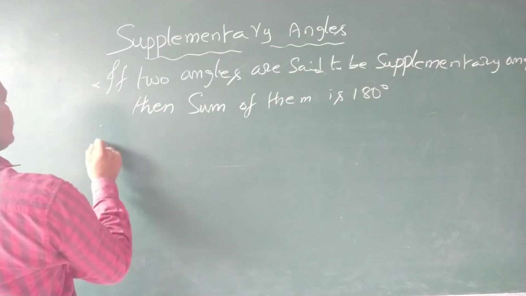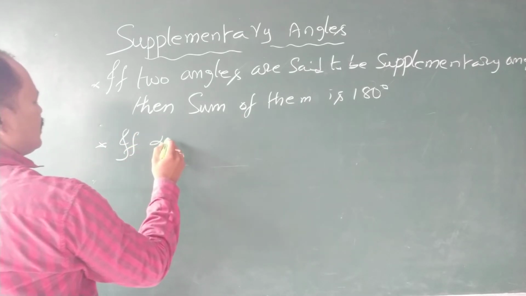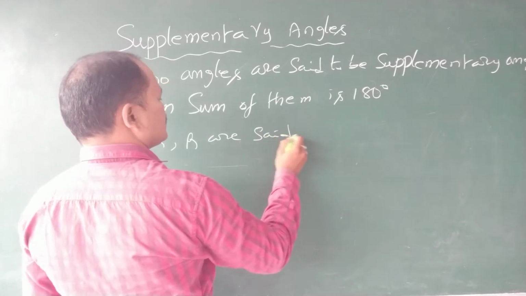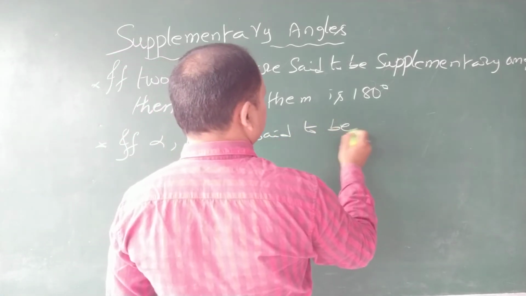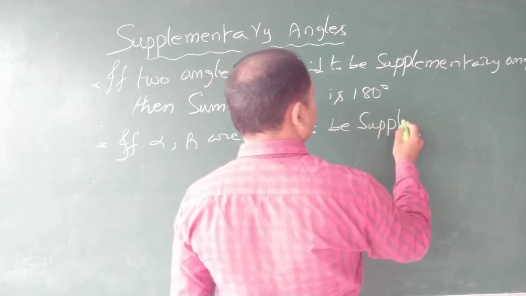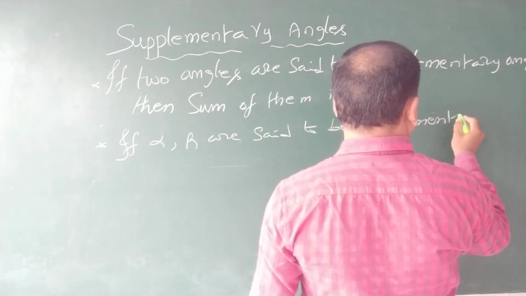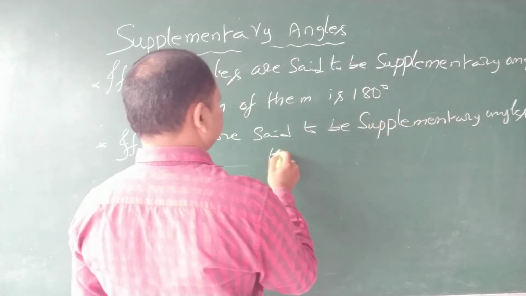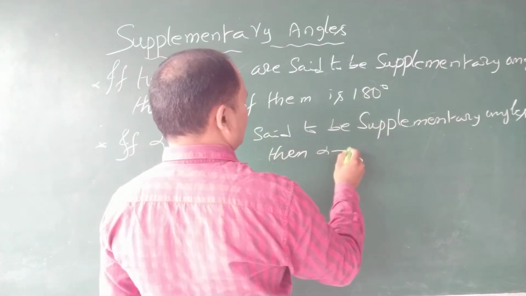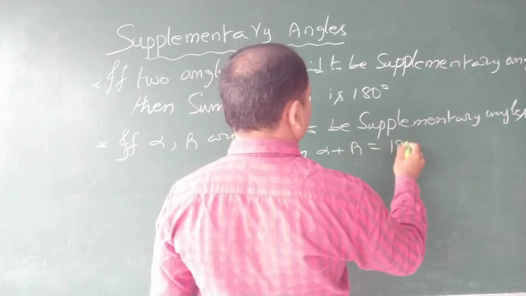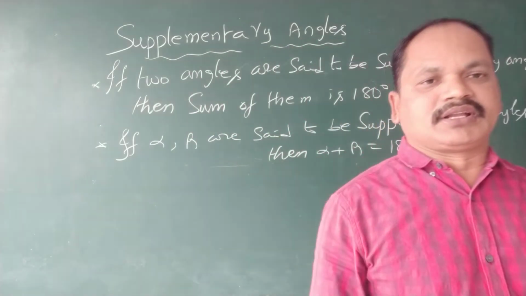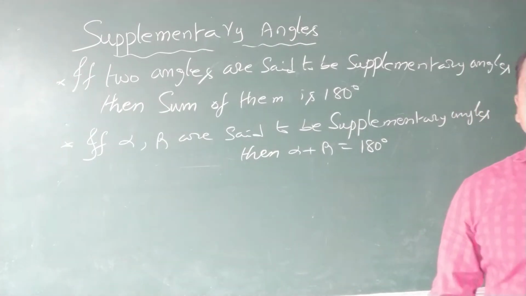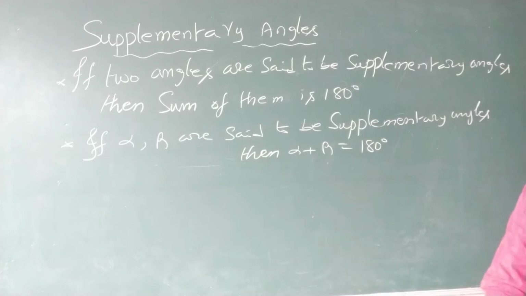That means if alpha and beta are supplementary angles, then alpha plus beta is equal to 180 degrees. That's all. This is the definition of supplementary angles.